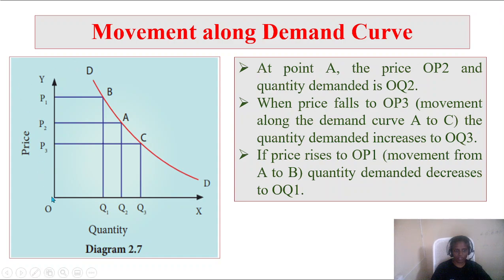If the price decreases from 0P2 to 0P3, say by 5 or 10 rupees, obviously the decrease in price will lead to an increase in the quantity demanded, from 0Q2 to 0Q3.